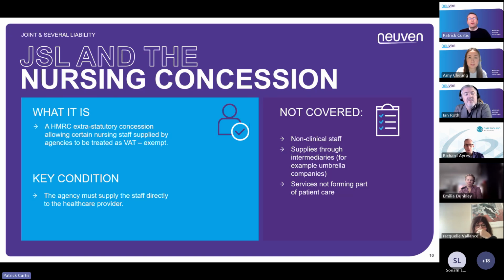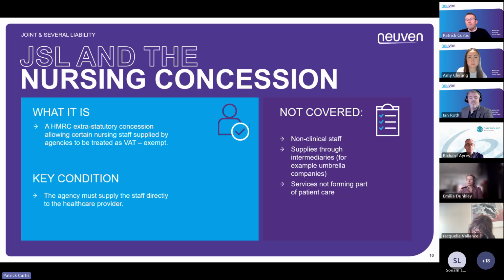And so for healthcare businesses, and this is not true for most other industries, we'll always have a category of staff for whom there is a high likelihood that they are directly employed by the agency supplying the client, and therefore the healthcare provider will be the relevant party. In other industries, that is not the case.